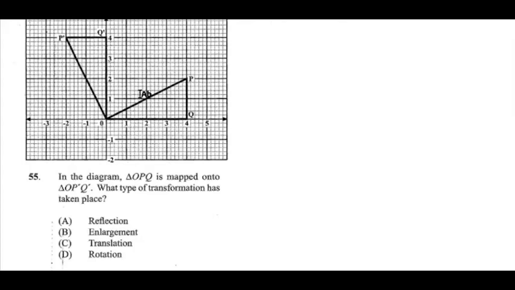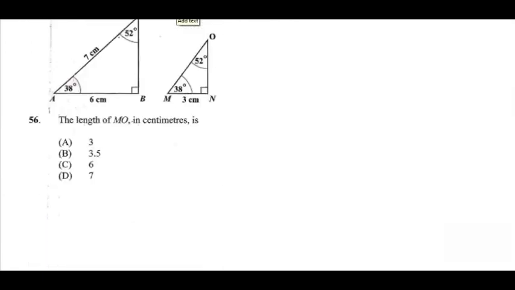And yes, that is our answer, rotation, as this did not occur as a reflection, as this is not a mirror looking image. So whatever is on this side is definitely not what is on that side. It is not an enlargement, that is definitely not bigger, and it is not a translation. It is indeed a rotation about the point O, and 55D is our answer.